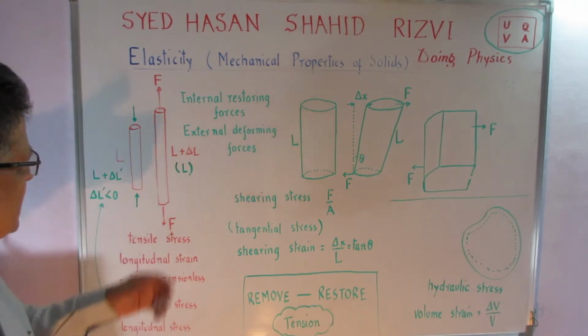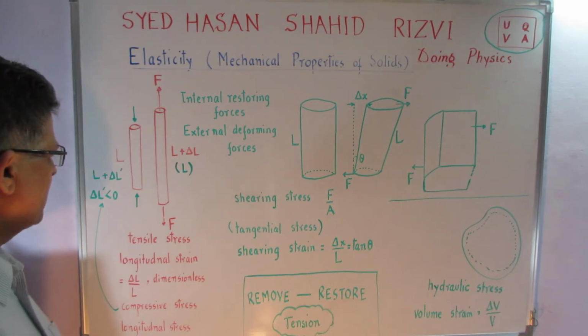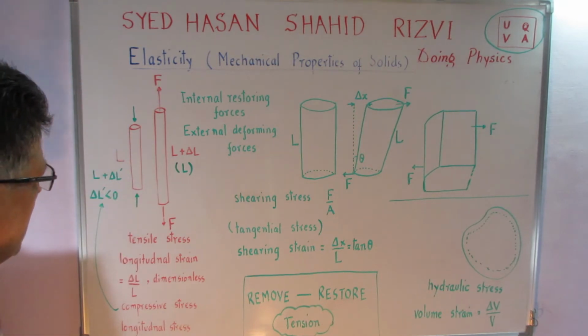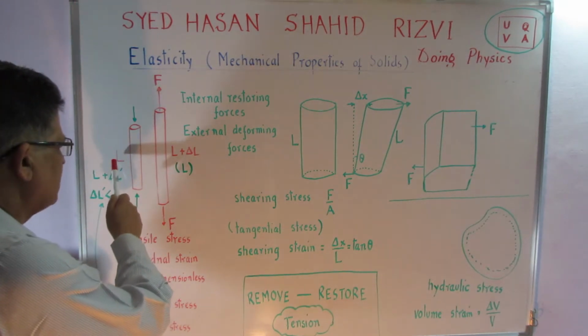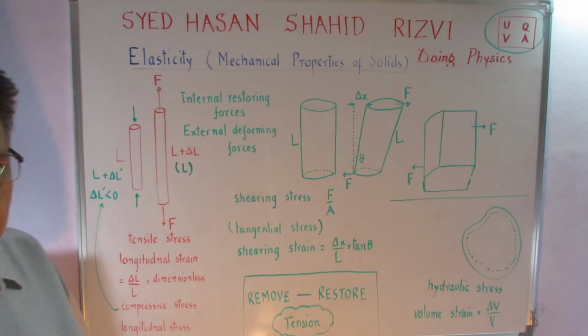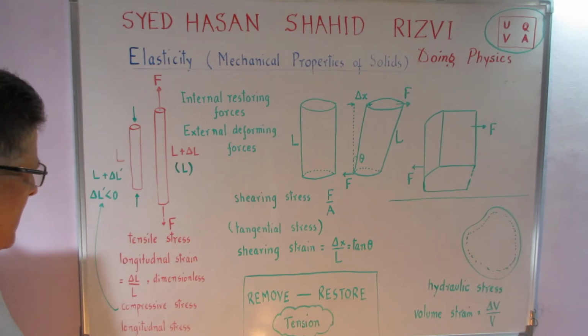So within the elastic limit, what happens is that this stress, in the red color I have shown it to be of length L, and later on it becomes equal to L plus delta L.